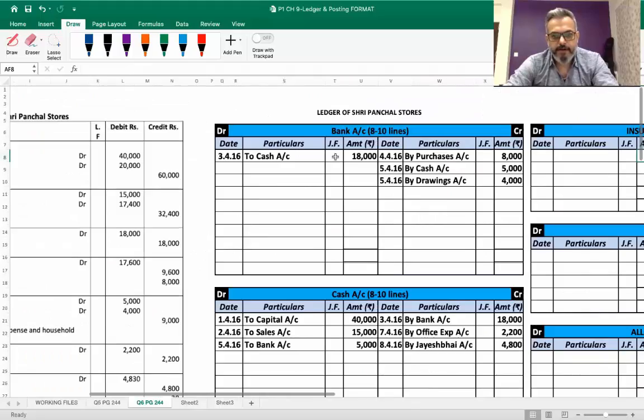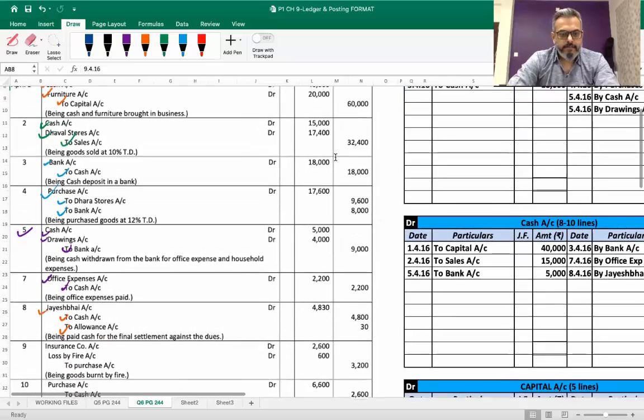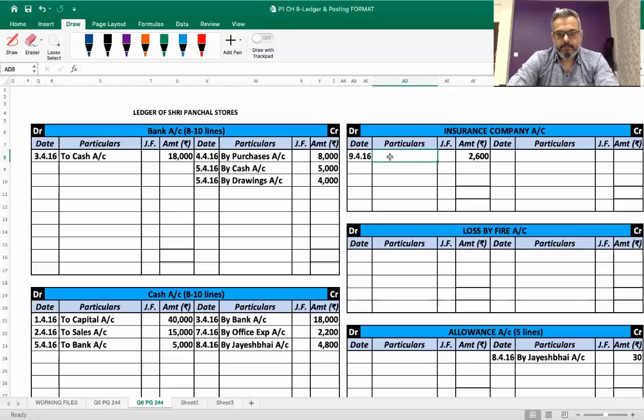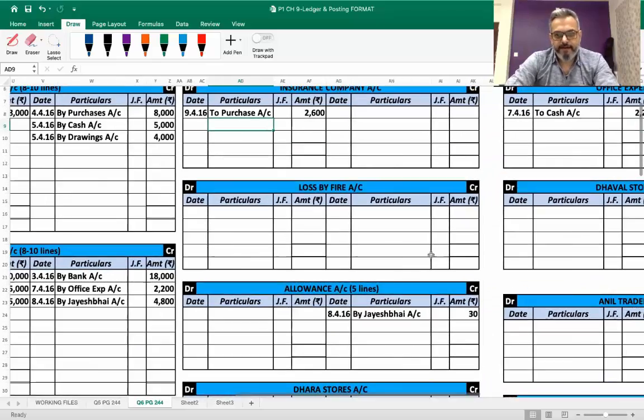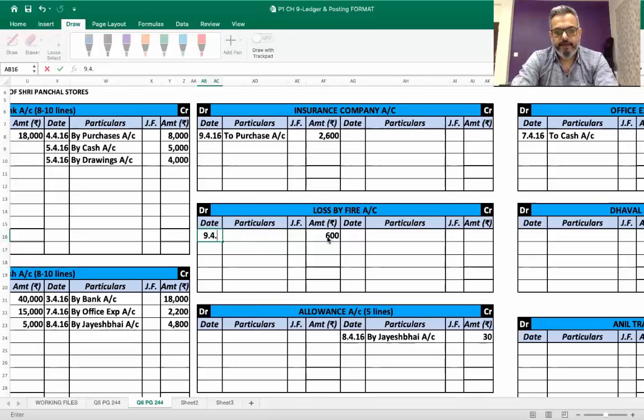Insurance company account debit side 2,600. 9 to purchase. 2,600. Then loss by fire 600. So 600 debit side, 9/4/16 to purchase.